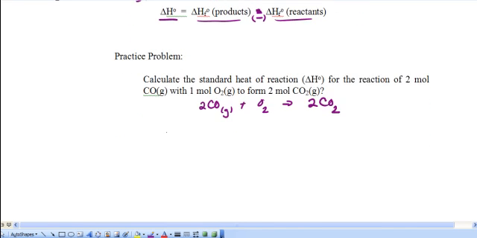The delta H for this reaction is going to equal all the delta H's of the products, which is just CO2, and you're going to subtract out all of the delta H's of formation of the reactants. So this would be of carbon monoxide, and then we also have the delta H of formation for the oxygen.